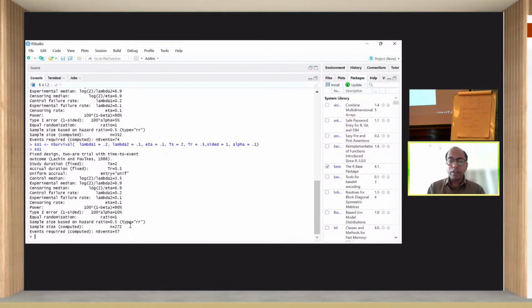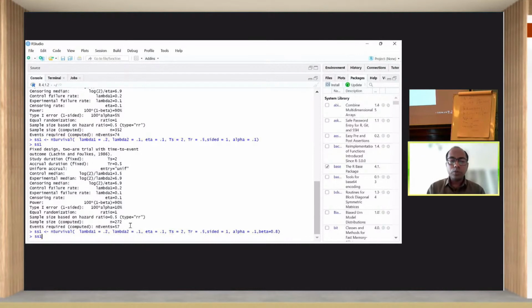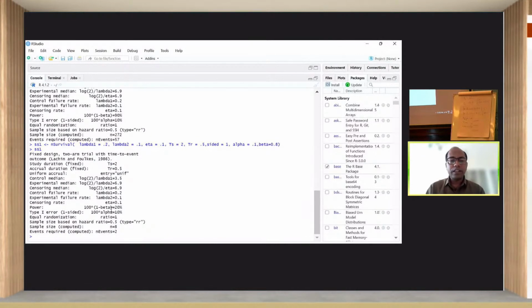Simultaneously, you can change your type 2 error as well. I think beta will work, and if you enter 0.2, it will show the power. Earlier the power was 90%, and now it comes to 80%.